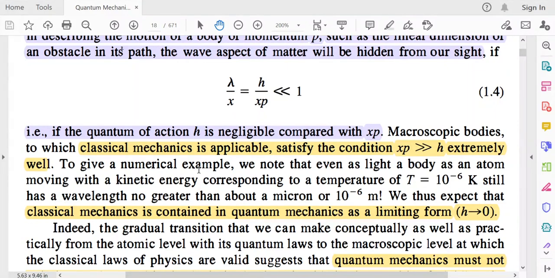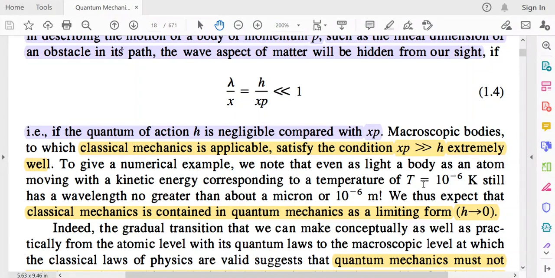To give a numerical example, we consider that at a particular instant the value of the temperature is T equal to 10 to the power minus 6 Kelvin. If this is the temperature, then the kinetic energy of the particle we can consider approximately as half kT. So then we'll have some value of the energy.